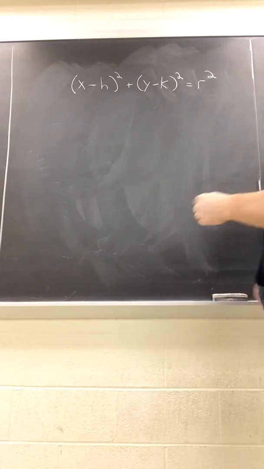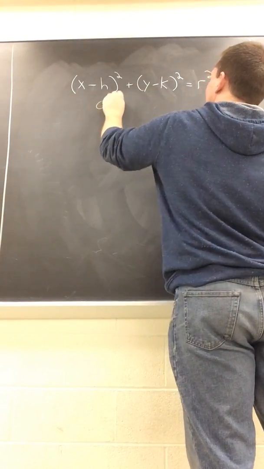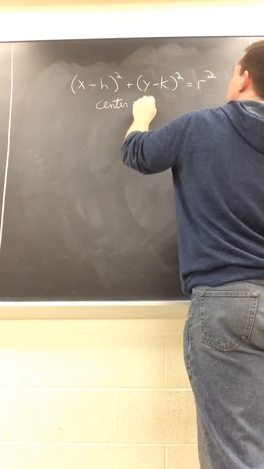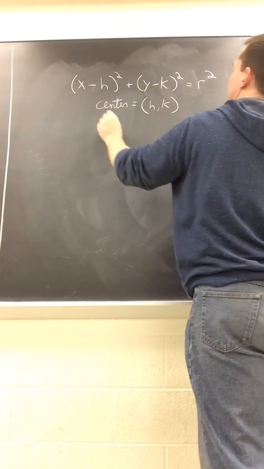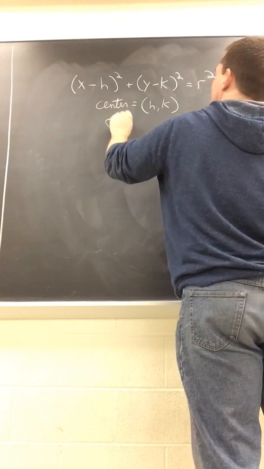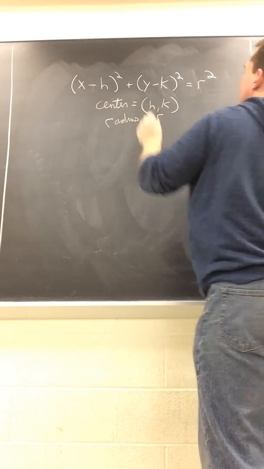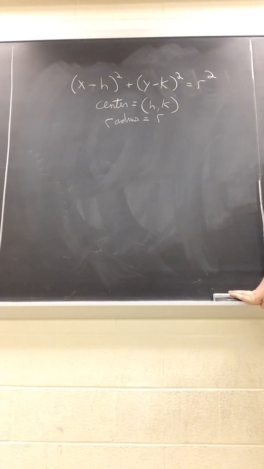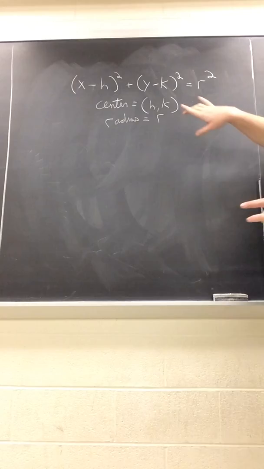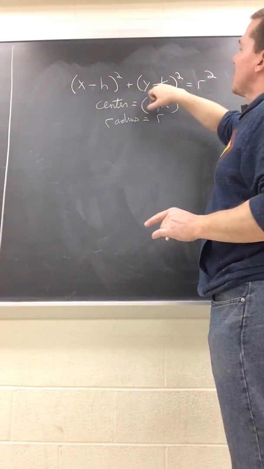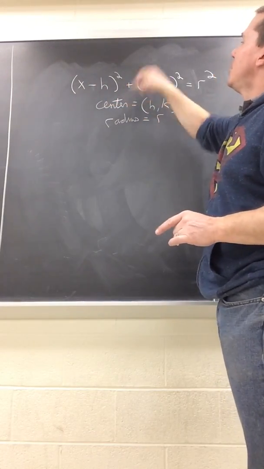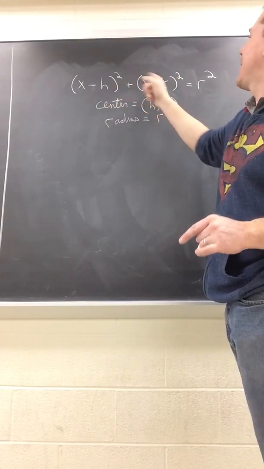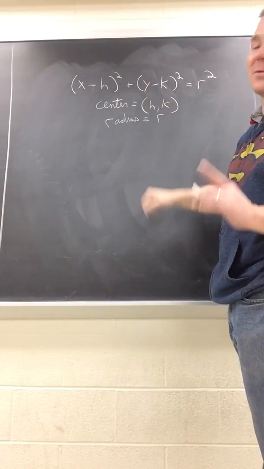When it looks like that, the center of your circle is at the point (h, k), and your radius is just equal to r. Whatever this constant is on the side here, it's equal to r squared, so square root it to get your radius. The one trick to recognize: these negatives are part of your equation, so when you're finding the center, whatever values you have in here, flip the signs of them.